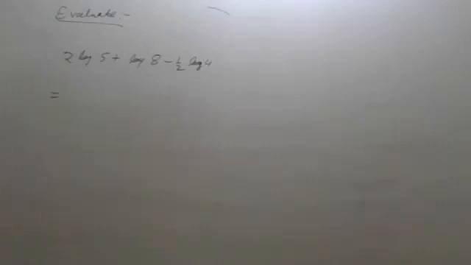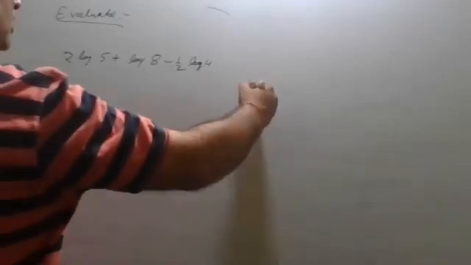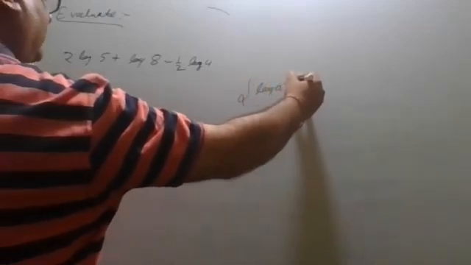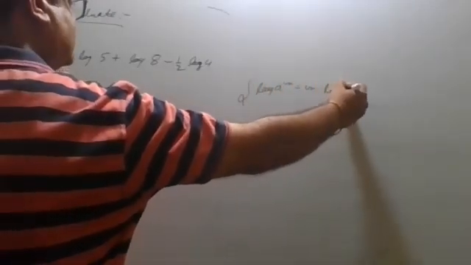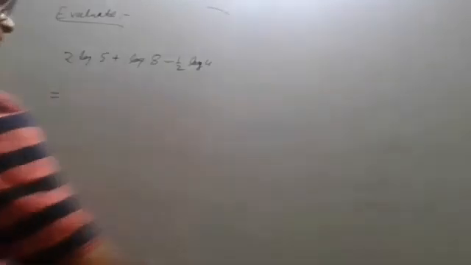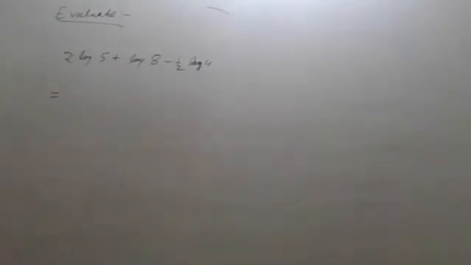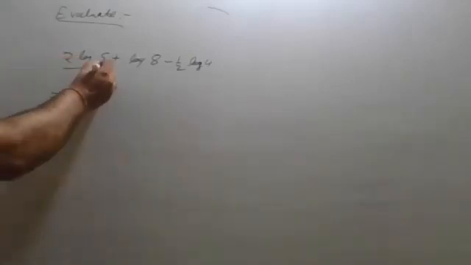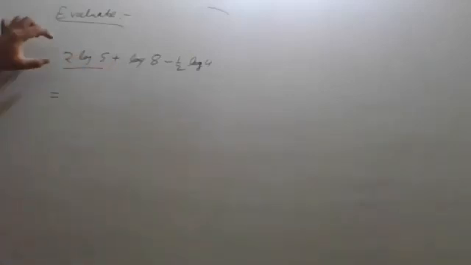Log a to the power m equals m log a, then just change the side. Use this formula to simplify 2 log 5. What will it become?